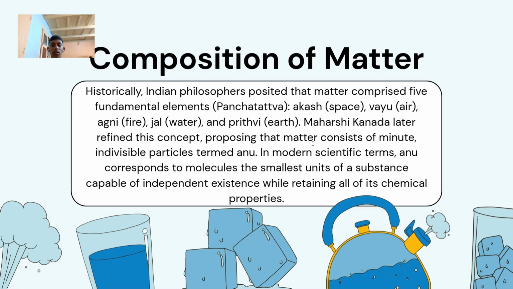Maharshi Kanada later refined this concept, proposing that matter consists of minute invisible particles termed Anu. In modern scientific terms, Anu corresponds to molecules, the smallest units of a substance capable of independent existence while retaining all of its chemical properties.